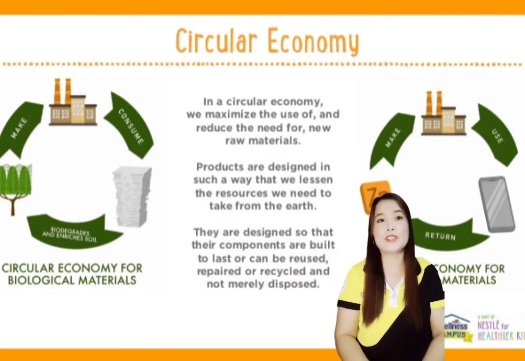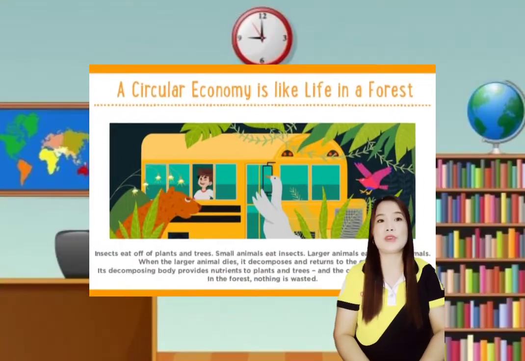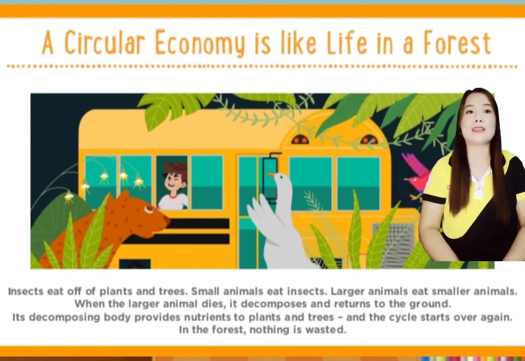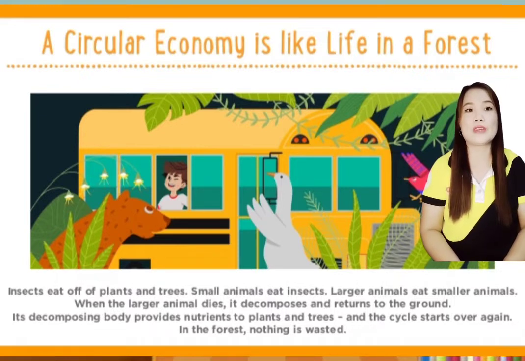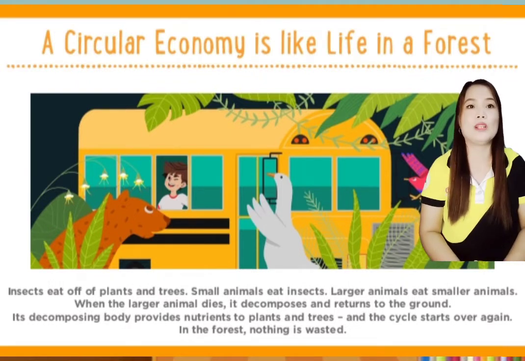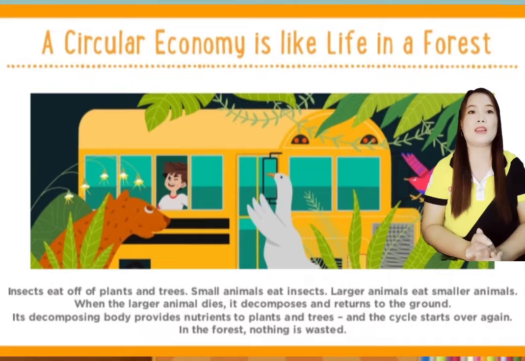To help you understand this concept, let's imagine a typical forest filled with trees and plants. Insects like grasshoppers and caterpillars roam freely around the forest, eating off these plants and trees. These insects are in turn eaten by small animals such as birds or frogs. Birds or frogs are preyed upon by larger animals such as snakes.